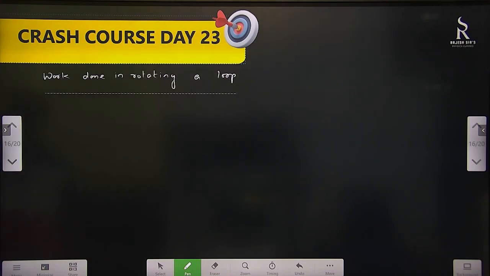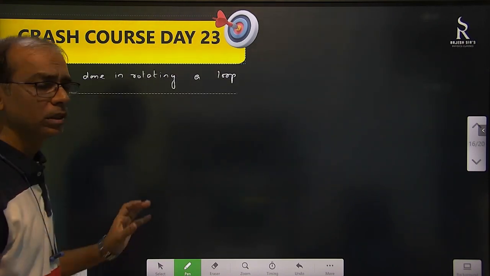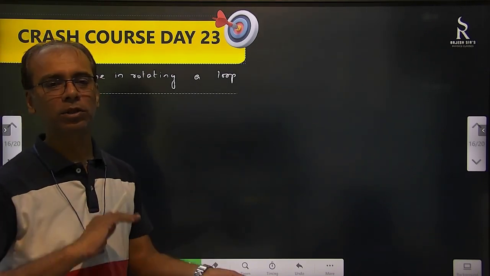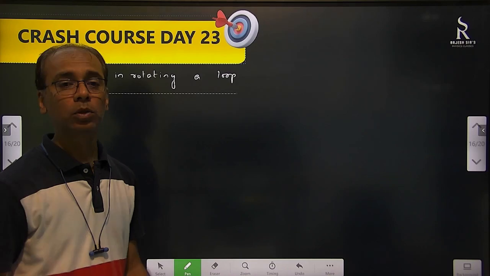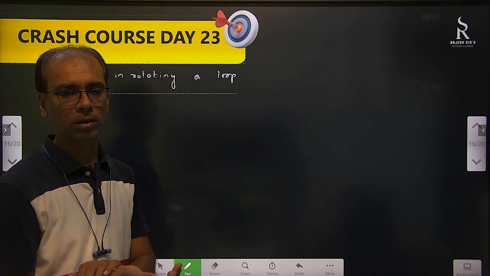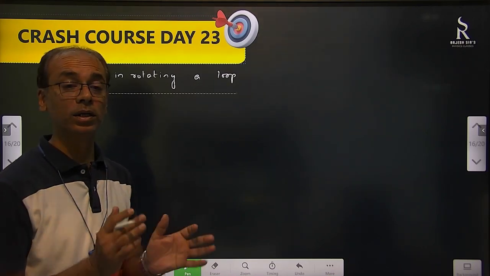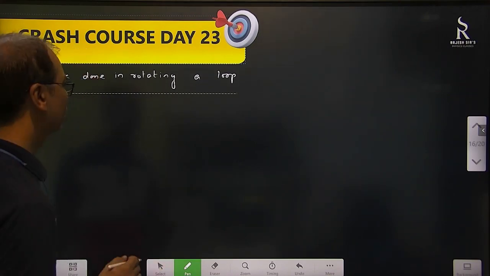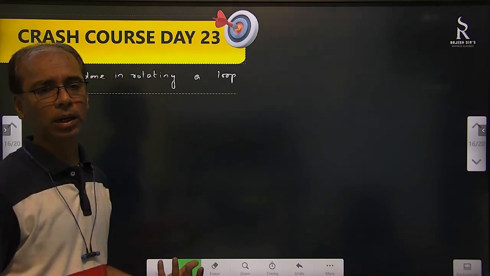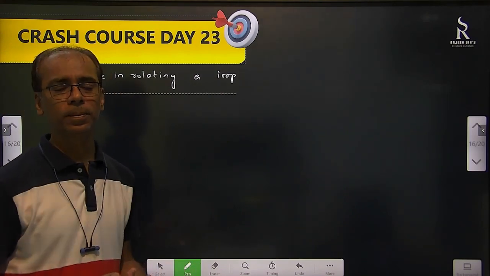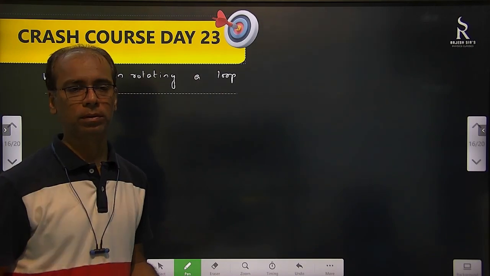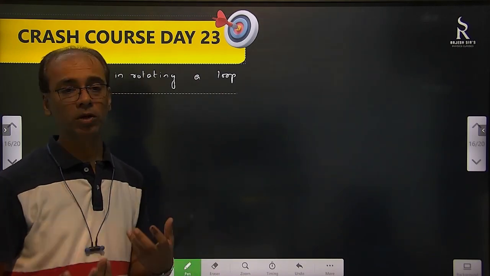Work done in rotating a loop. Now, when we kept one current carrying coil in a magnetic field, there was a torque on that. So, work done in rotating the torque is what? We saw that in dipole. Exactly same. Because a current carrying coil here is becoming a magnet and it is having magnetic moment, and there is a torque M cross B in that one.